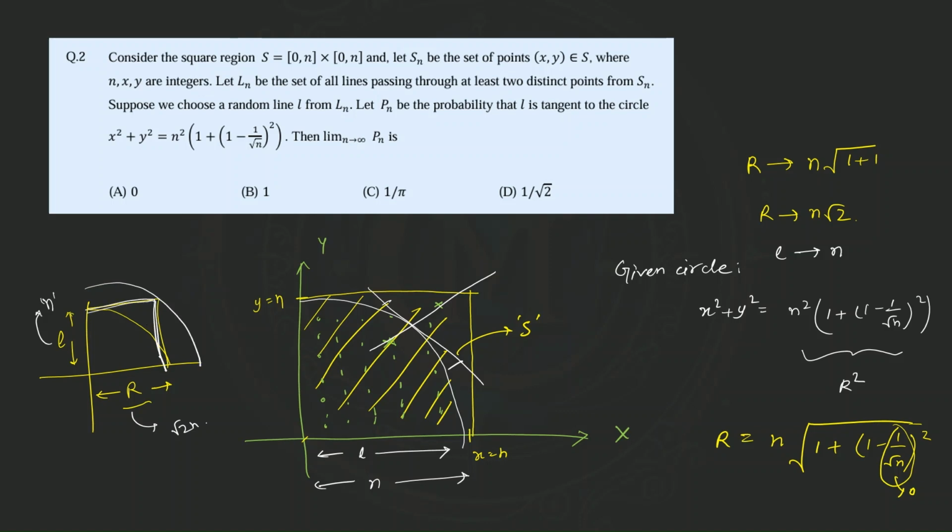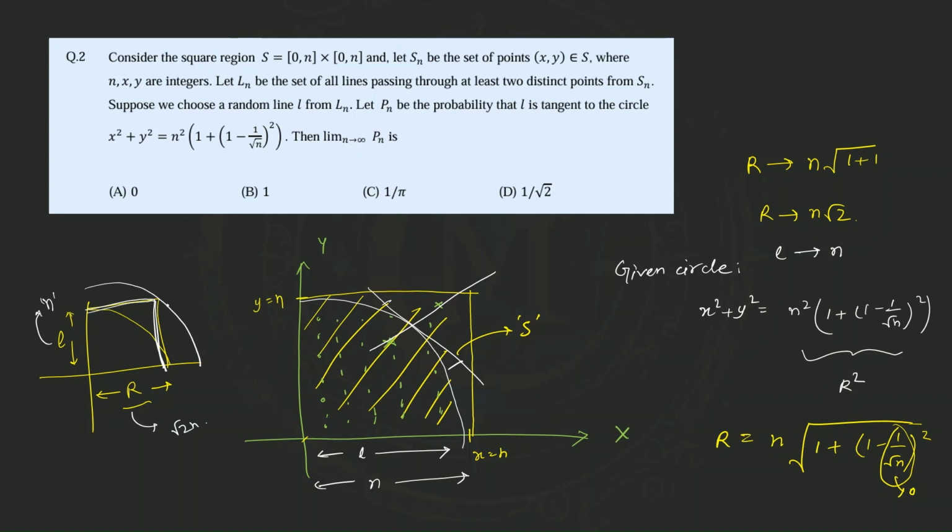The circle will surpass this square region. Now think of it like this: if the circle totally surpasses the square region for large n, then how can we select two points from the square region, joining which we can form a line which is tangent to the circle? We cannot do it, right?